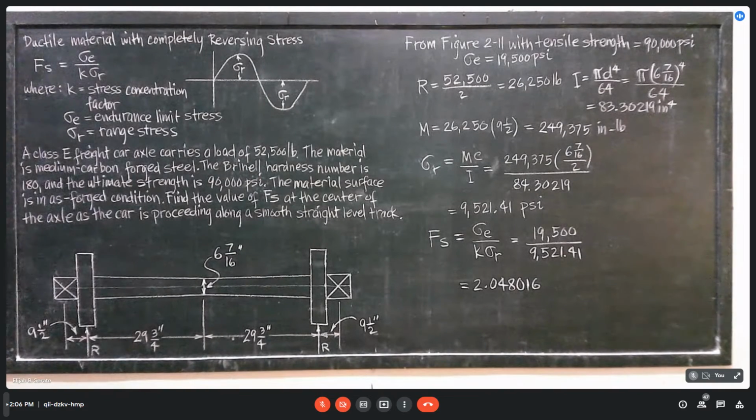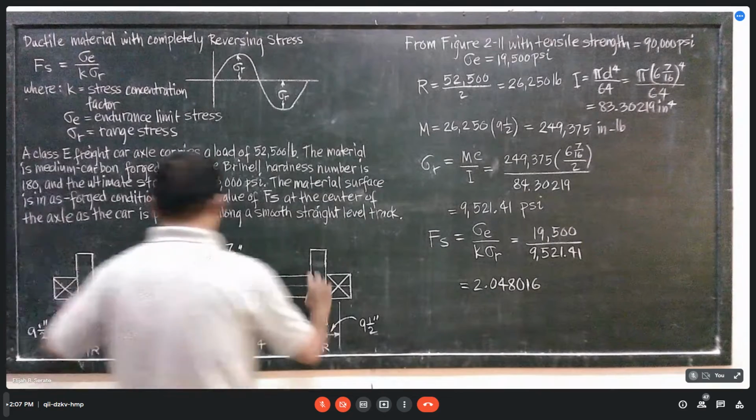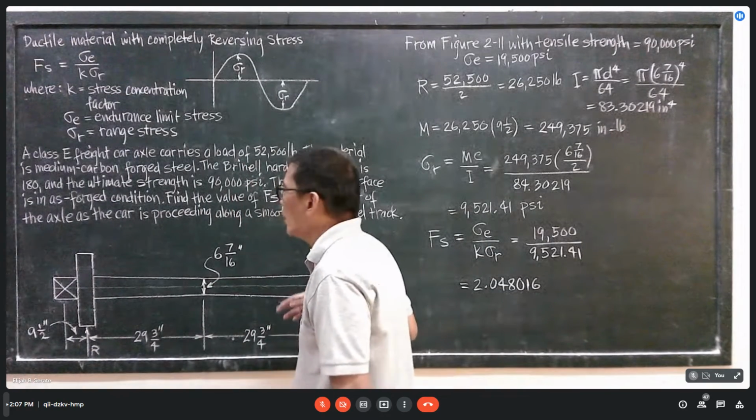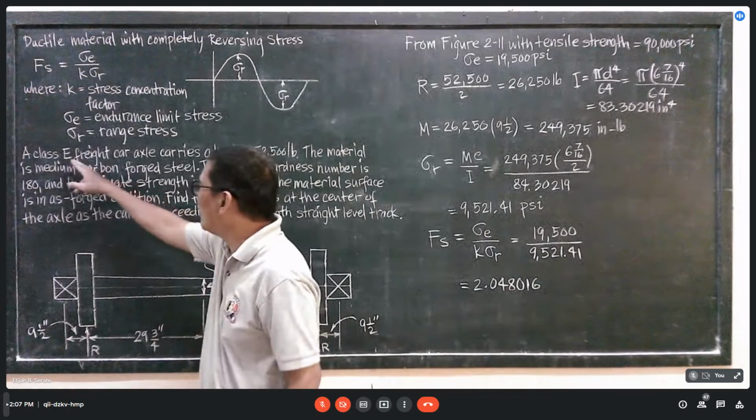So, first, since it is an axle, where do you find an axle? Okay, it is on the wheels. Wheel and axle always come in pair, no? This is your wheel, these are your wheels, and this is your axle. Now, who has an idea what is a Class A freight car?